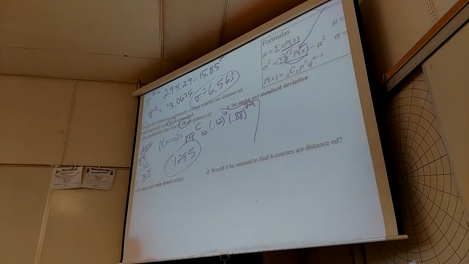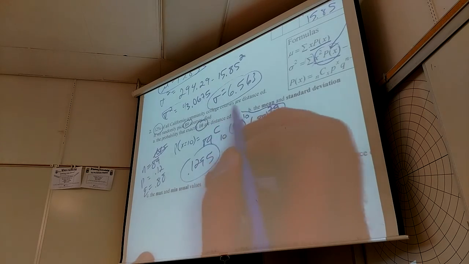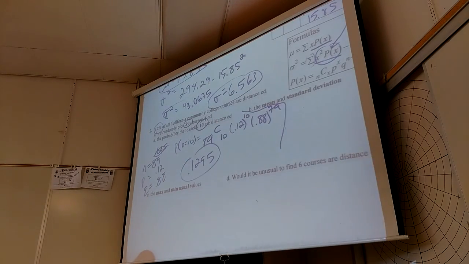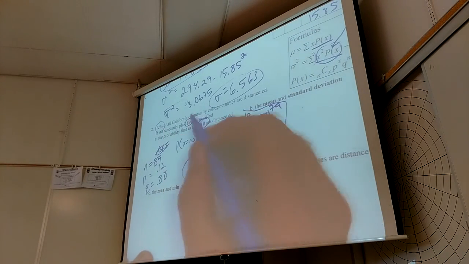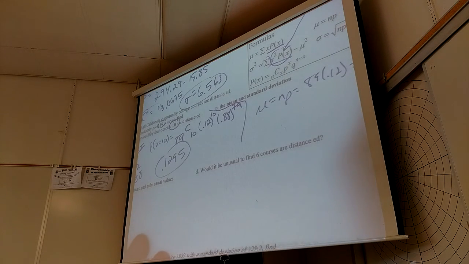And then this is the best mean and standard deviation formula yet. And it only makes sense. If 12% are distance ed and we randomly pick 89, how many would we expect, otherwise known as the average, would be 12% of 89? N times P. So the mean is NP, 89 times 0.12, which is what? 10.68. So we expect about almost 11.